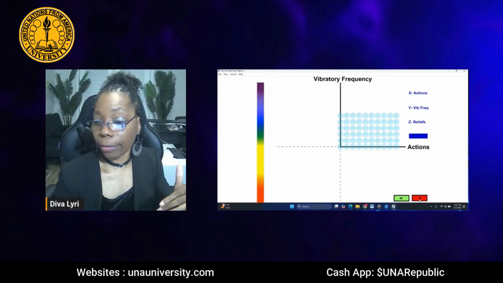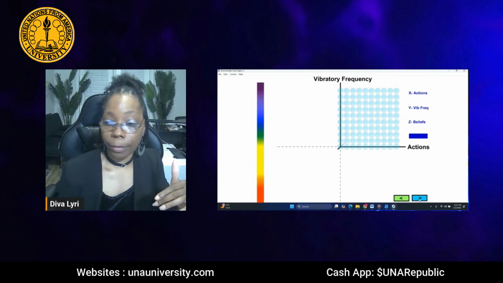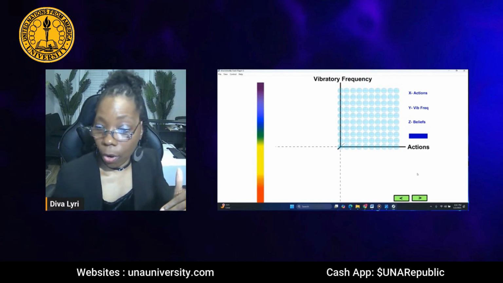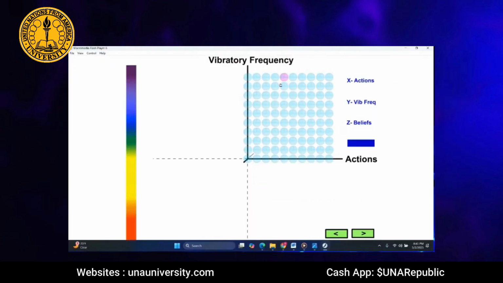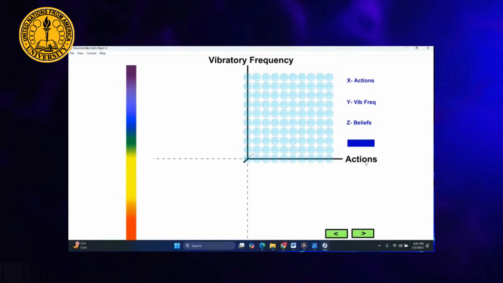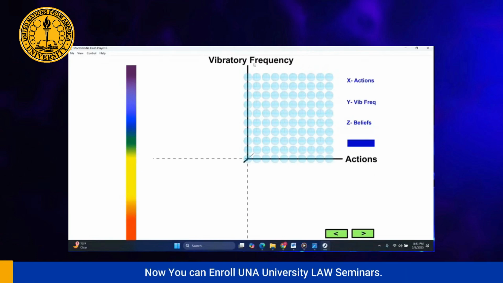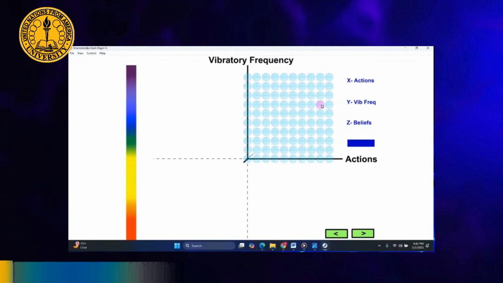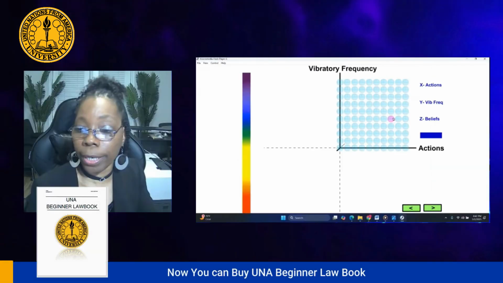All right, now look at all these extra dimensions that are popping up now. These are all parallel dimensions dealing with your action and your vibratory frequency. So if you have a positive energy, a positive vibratory frequency up here, and the actions that you've been taking, that's going to determine which one of these dimensions you are in.